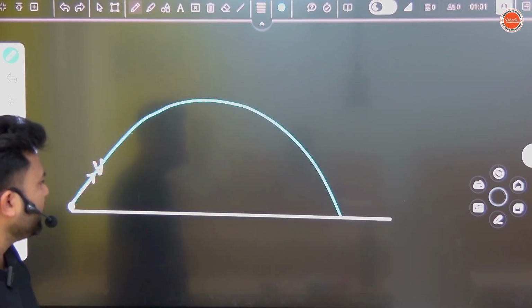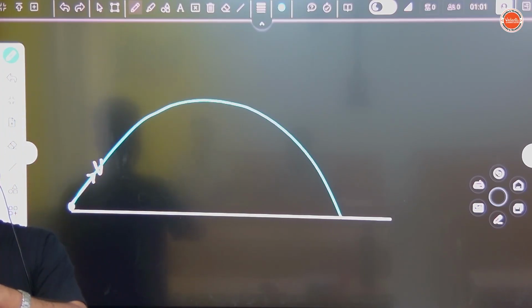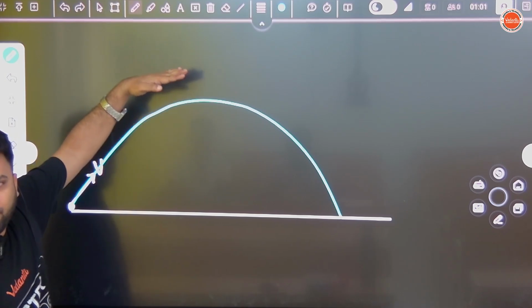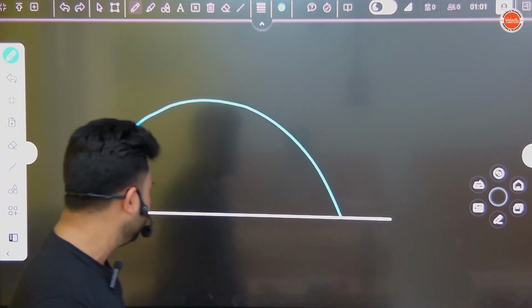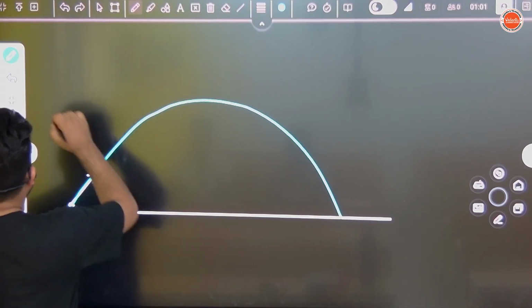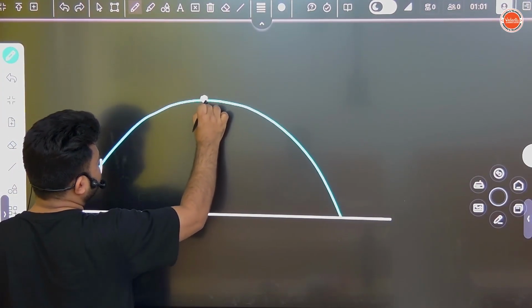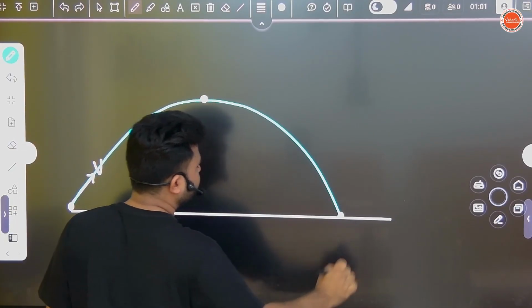Why is it called motion in 2D? Because it is going in two dimensions, X and Y. It is going in the right direction, and it is going up also. The football was here, and at some time the football will be here. This is the highest point, and finally the football is here.